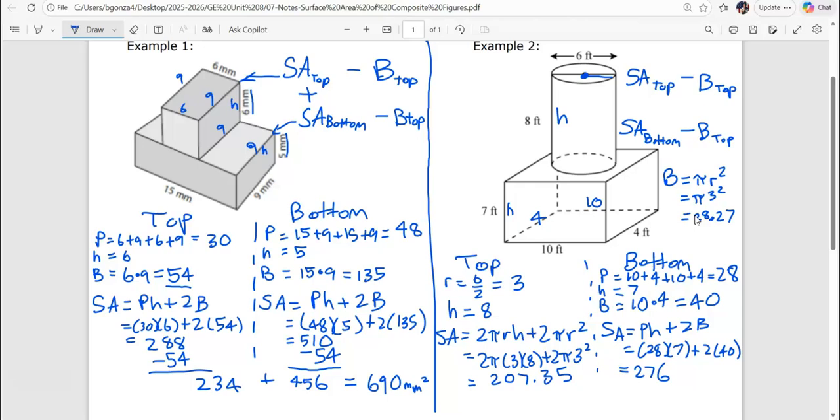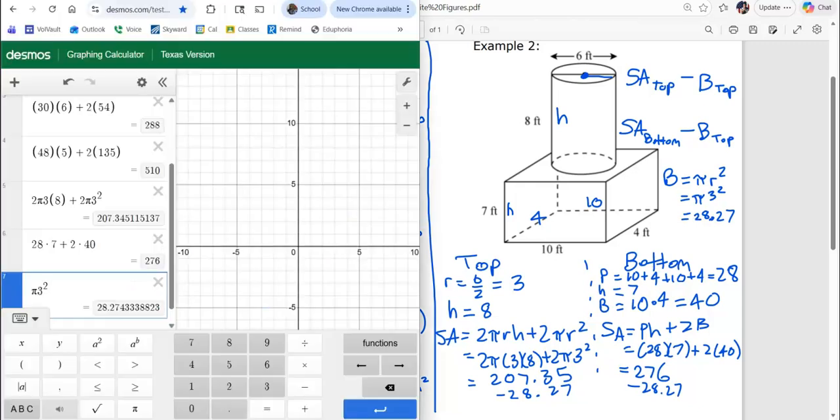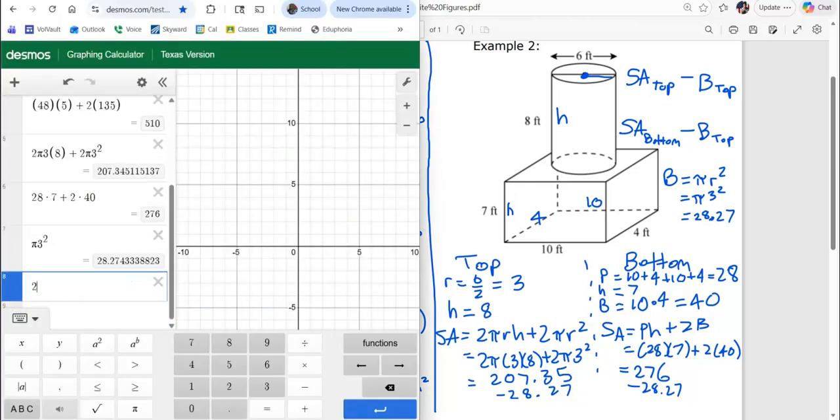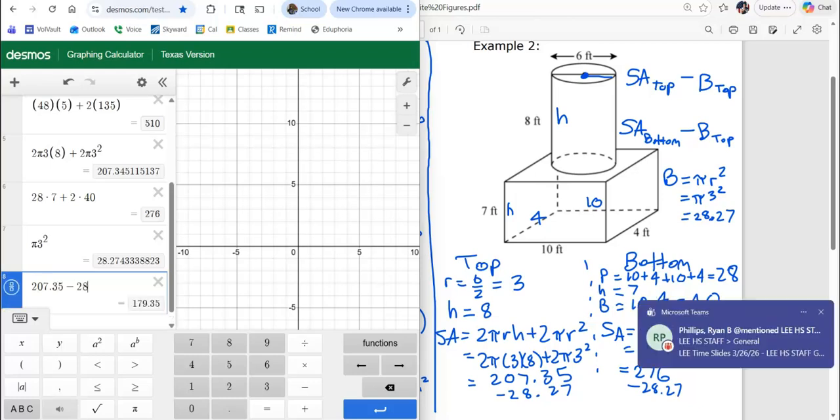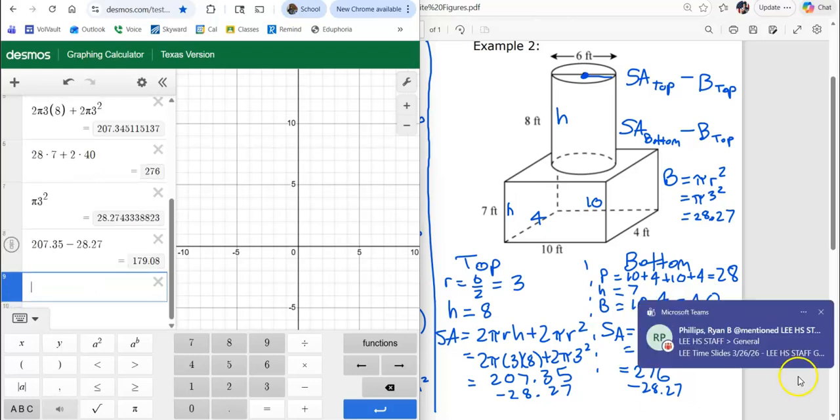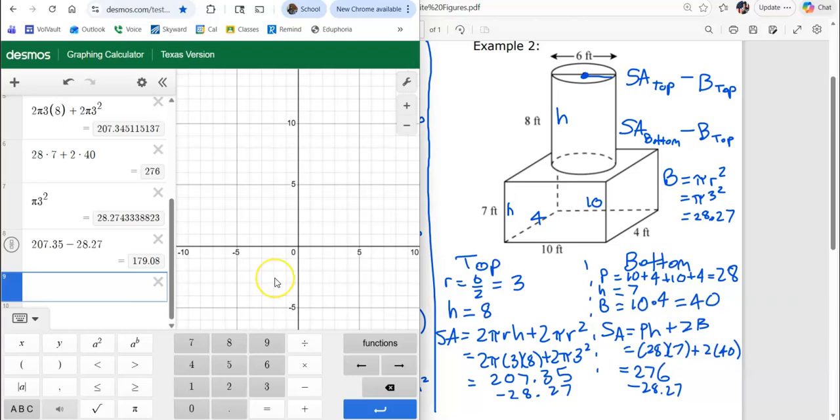Please remember, yes. Now you have to subtract that base from both the top and the bottom. So minus 28.27 and minus 28.27. So let's get that real quick. 207.35 minus 28.27. 276 minus 28.27.